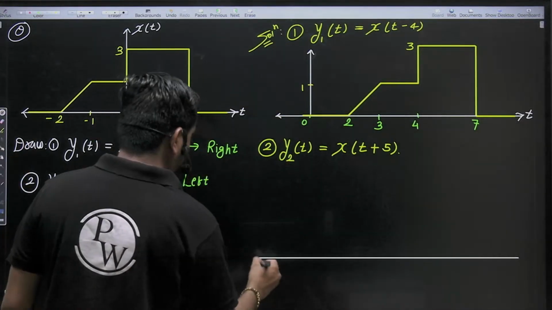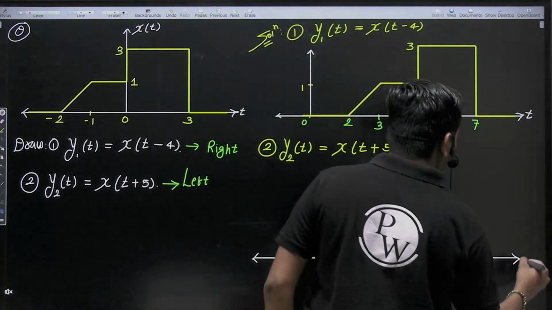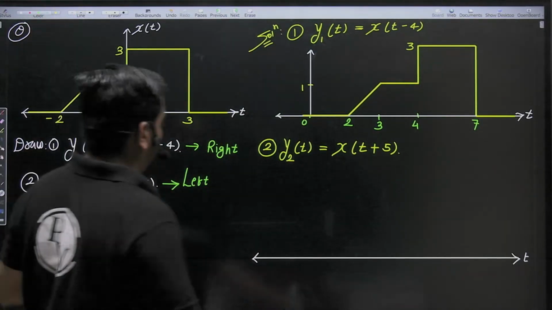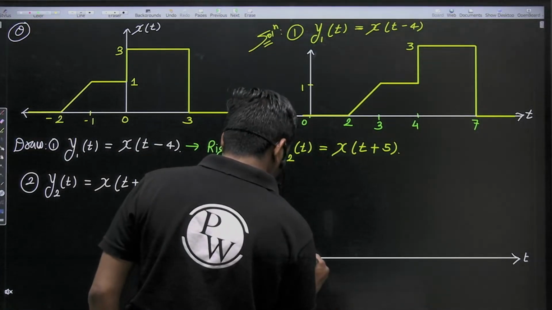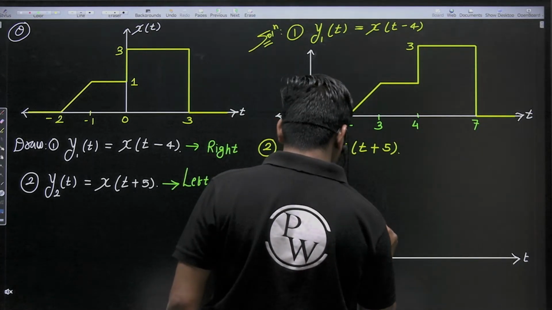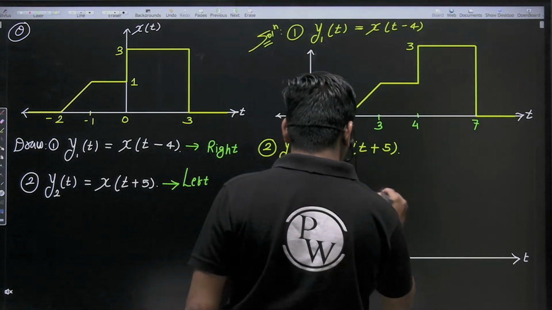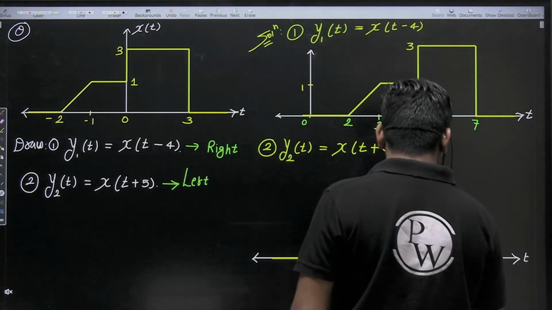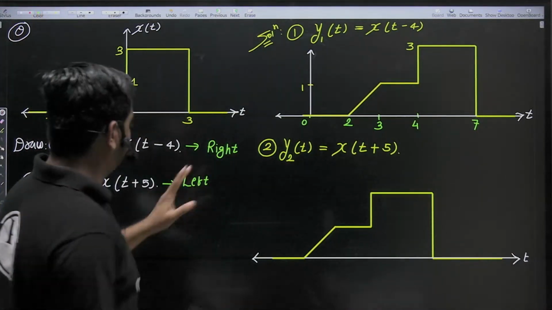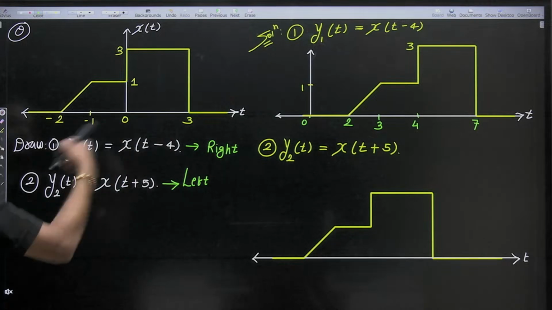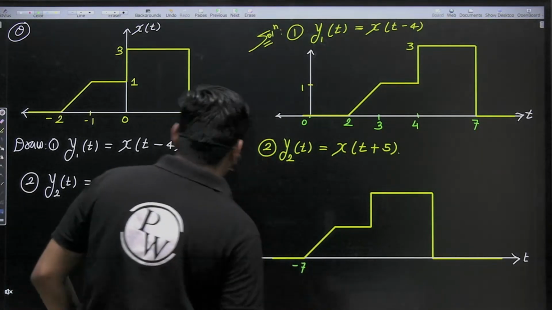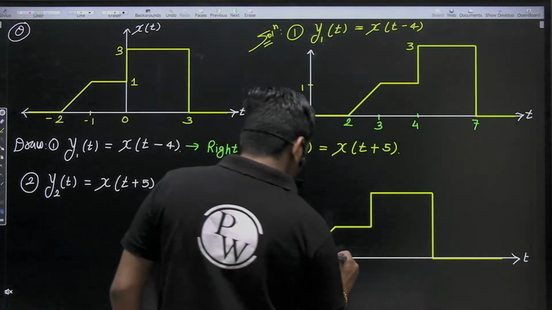Simply draw the signal as it is, without y-axis. Now here left shift is possible only if you subtract 5 from this. So subtract 5 here, that is minus 7. Subtract 5 from this, that is minus 6.